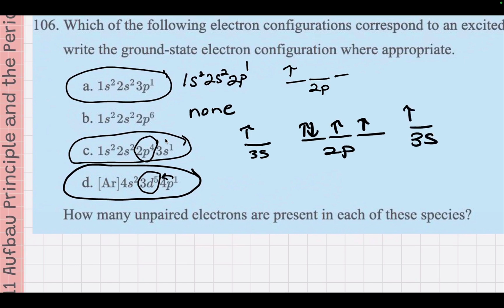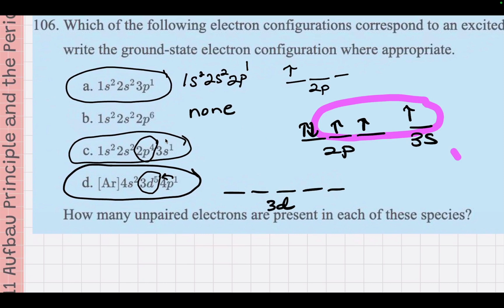So this is C, and there are 3 unpaired electrons right here. And letter D, I'm going to have the 3d5. So 1, 2, 3, 4, 5, and then 4p1. So there's a lot of unpaired electrons there. So there's going to be 6.